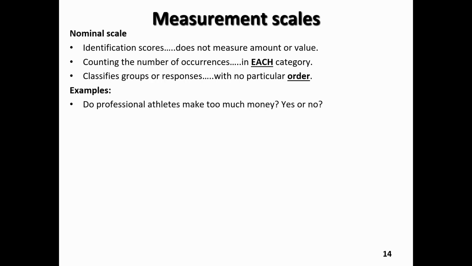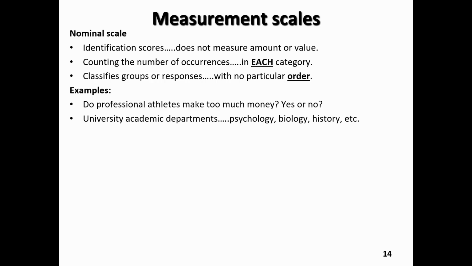So some examples here: if we ask a group of people if they feel professional athletes make too much money. So the question posed would be, do professional athletes make too much money? And the research participant would answer with a simple yes or no. That is a nominal scale, and we would count up how many yeses and how many nos.